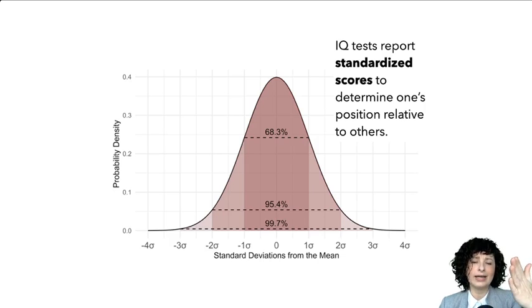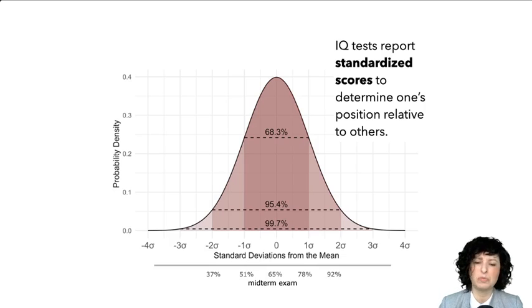I can use a mathematical formula to transform data. For example, with midterm scores, I can use a simple formula to set the mean to be 0, and then set the scores so that they show how far you are from the mean in standard deviations.